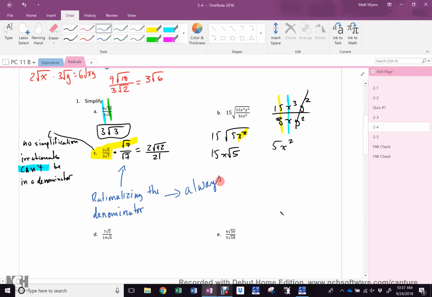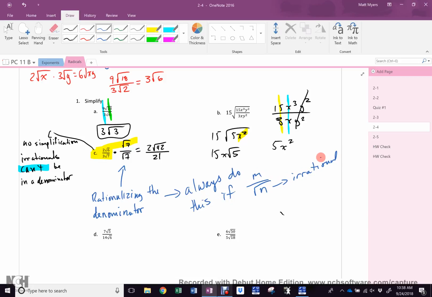Always do this if you have a number over a root of anything, and that is irrational. Everybody cool? Now remember, the only thing we're trying to get rid of is the radical, yes?